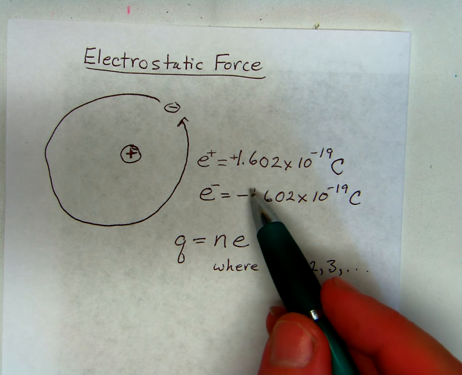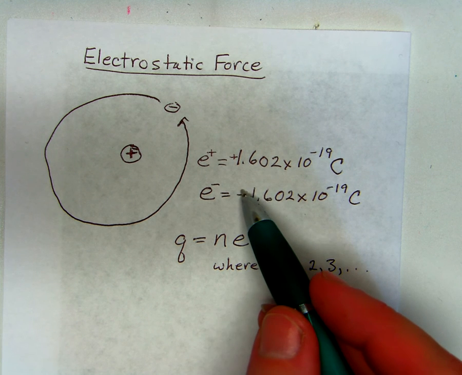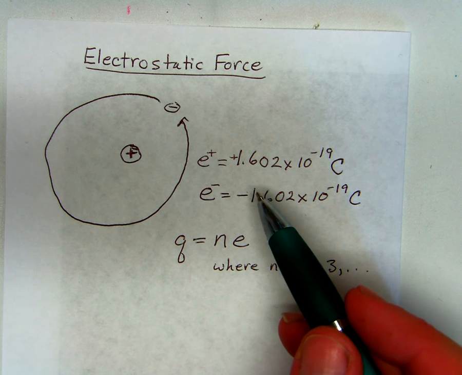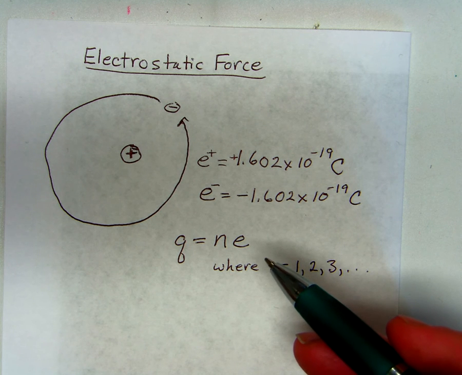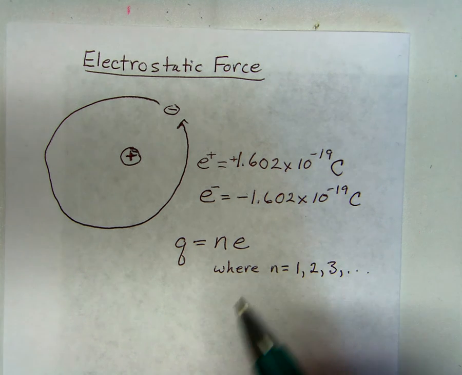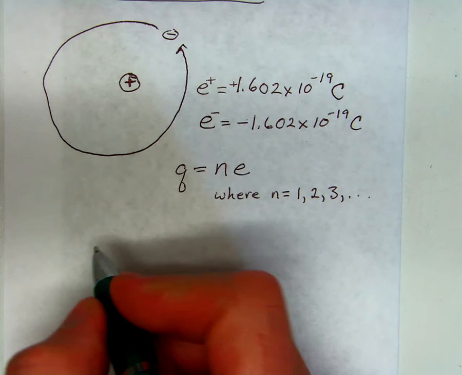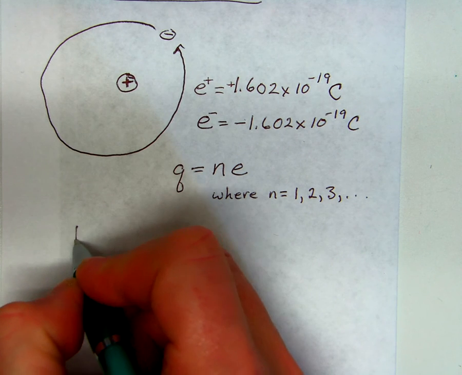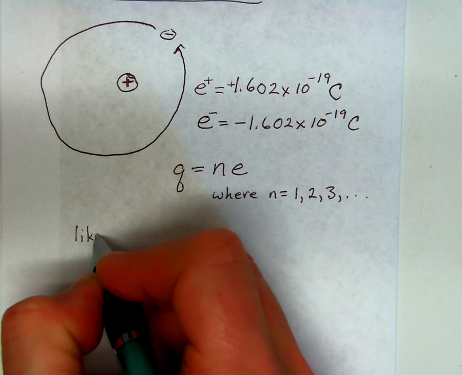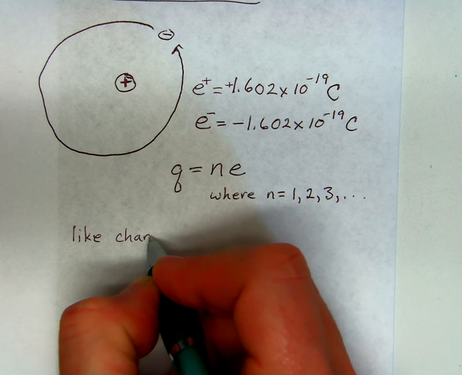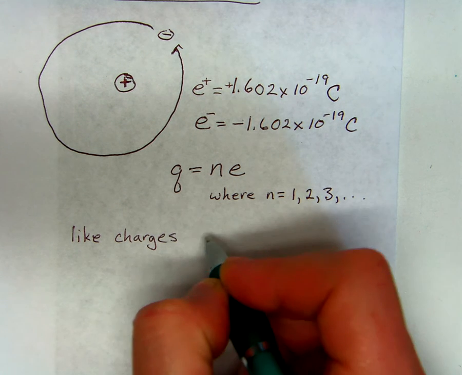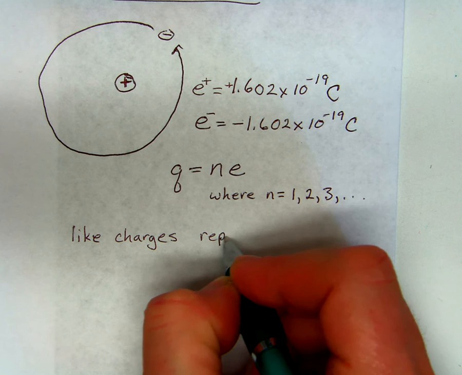So we have these things called charges. And between the charges, we get a force. Now, if we have like charges, in other words, both positive or both negative, like charges repel.